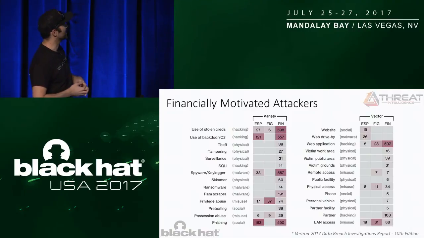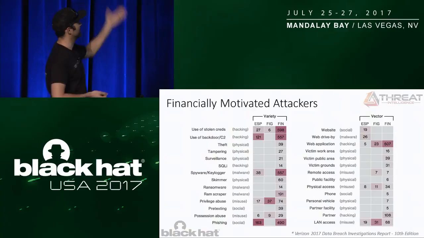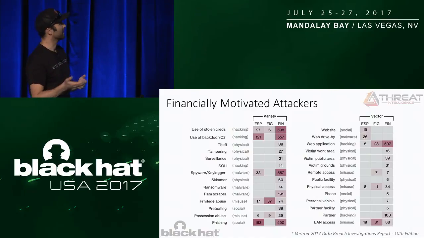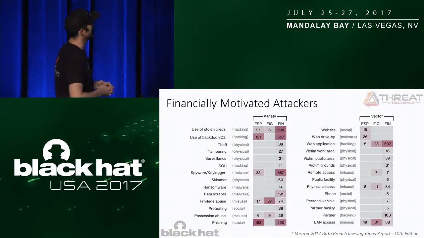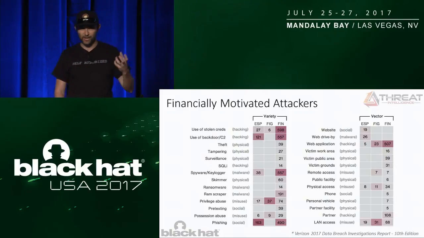But the interesting ones, for us anyway for this talk, is the use of backdoors and command and control. And you can see on the right-hand side under the fin column, there's 557. So the red ones there are really the high numbers. And that's typically related to things like your malware and also, down the bottom there, phishing. So we're combining it with your client-side attacks and your command and control.